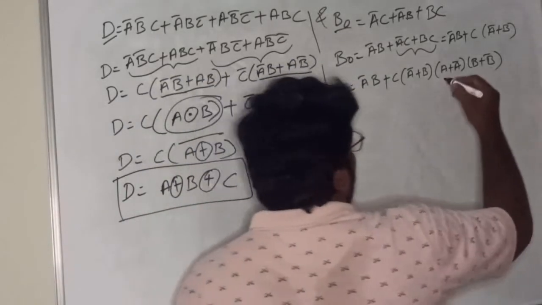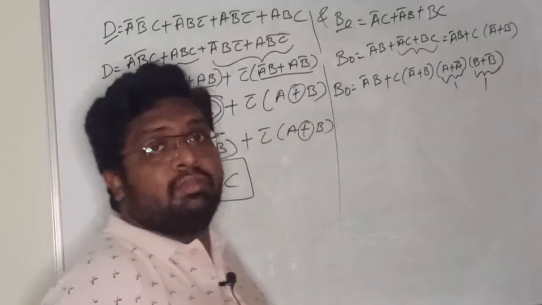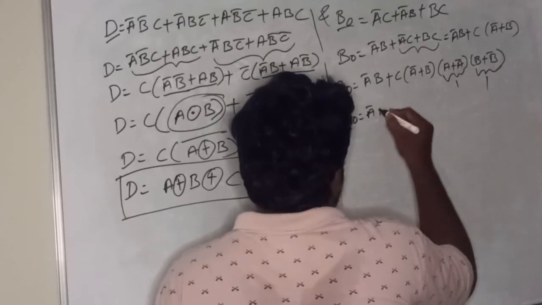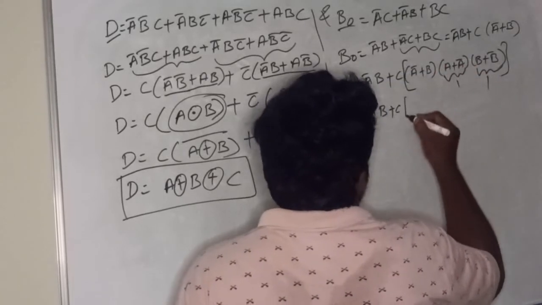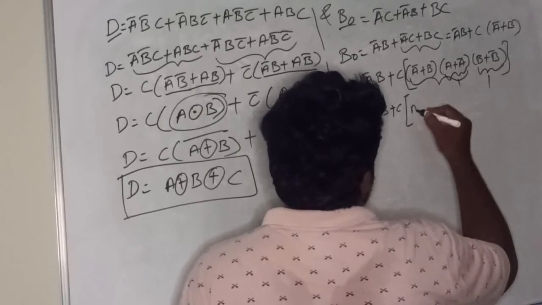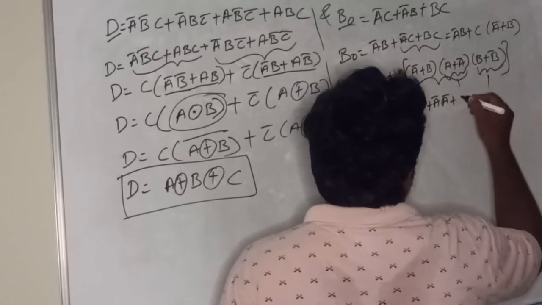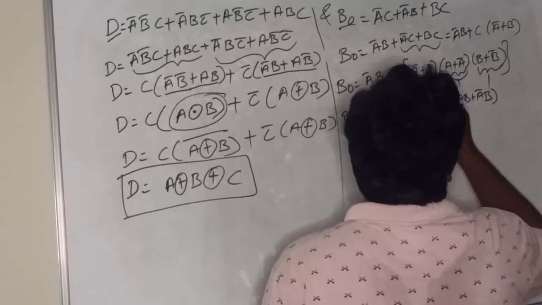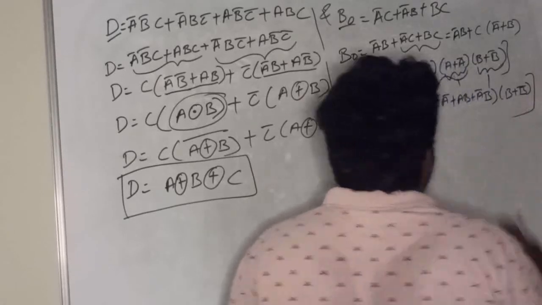As A plus A complement is equal to 1 and B plus B complement is equal to 1, now B naught is equal to A complement B plus C into, first multiplying these two terms, A complement A plus A complement A complement plus AB plus A complement B into (B plus B complement).